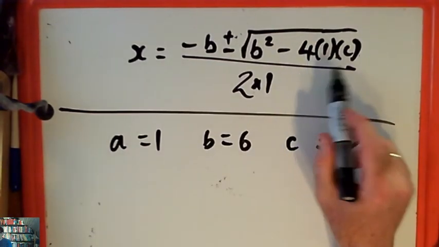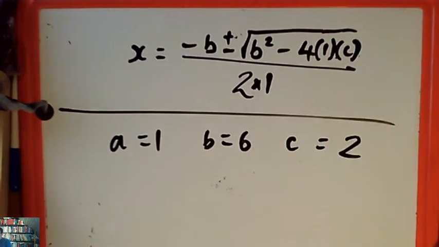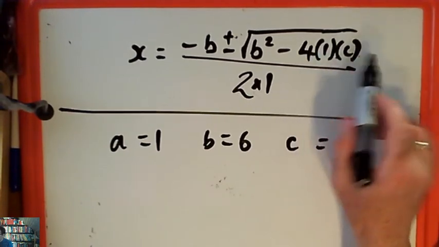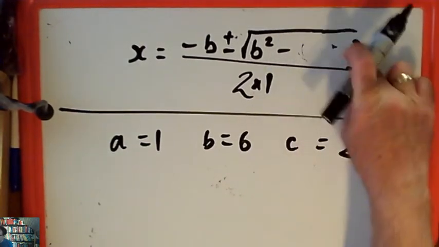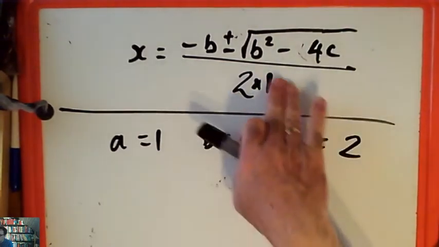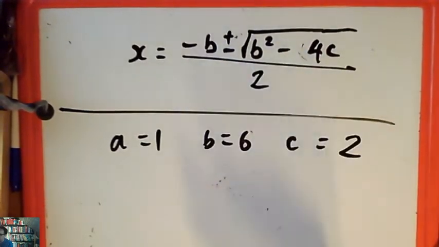So 4 bracket 1 bracket c means just multiplying those things together. Can simplify that a bit. 4 times 1 times c is just 4c. 2 times 1 is just 2, so there we are.